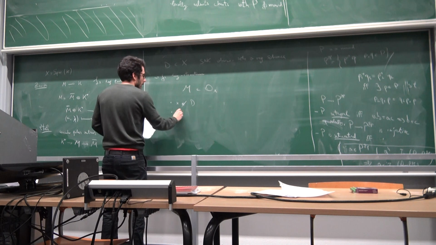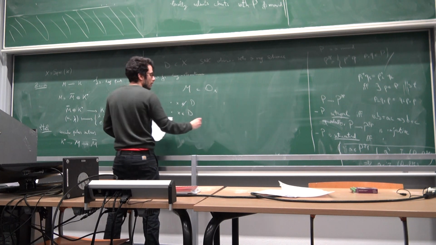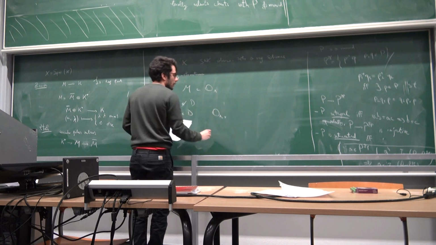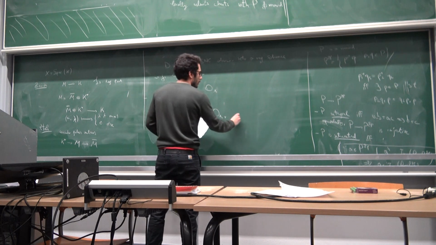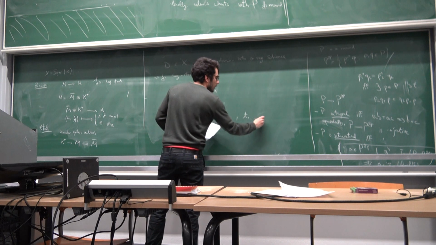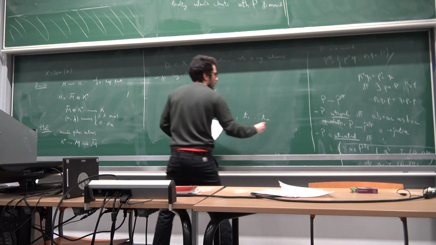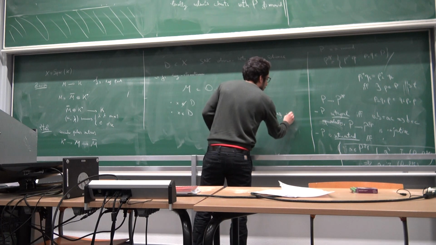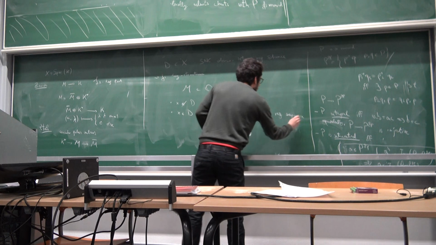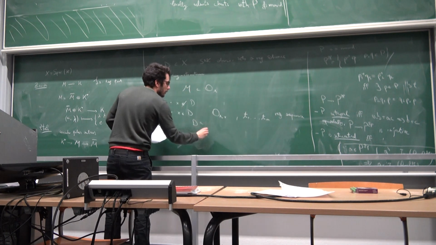If x is in D, then the local ring is a regular local ring with a maximal regular sequence, and D is given by the equation.